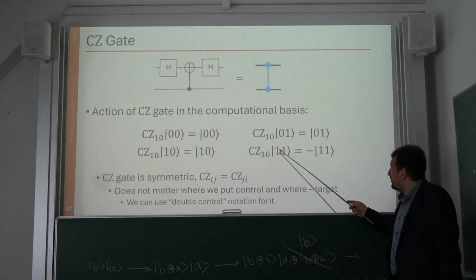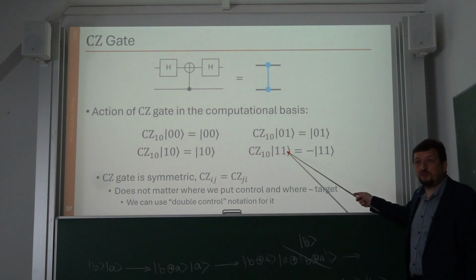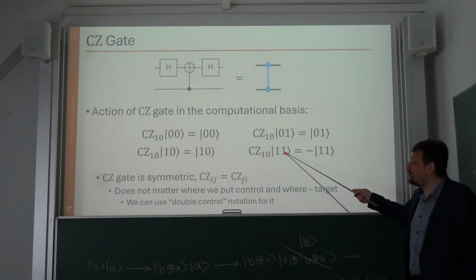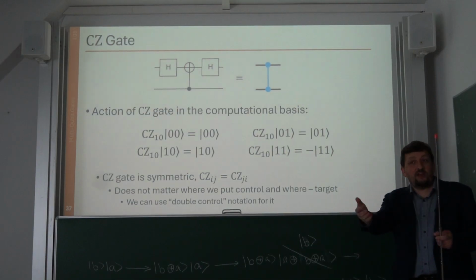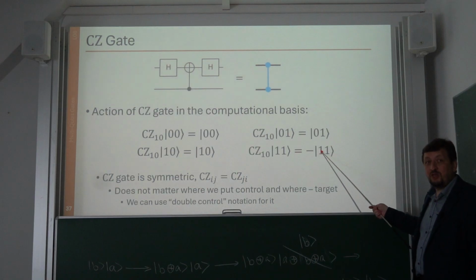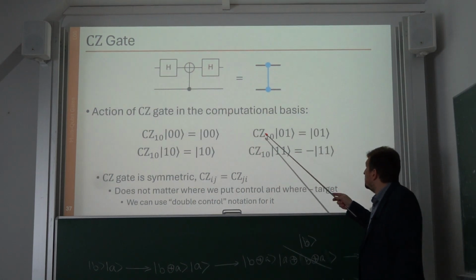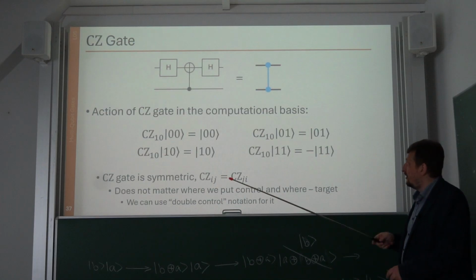The last state. Control qubit is 1, so we apply Z gate to this qubit. What happens to state 1 when we apply Z gate? Well, it changes phase. So here's a phase change. And now look at this truth table for this gate.